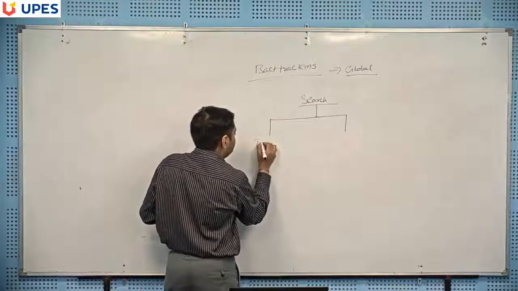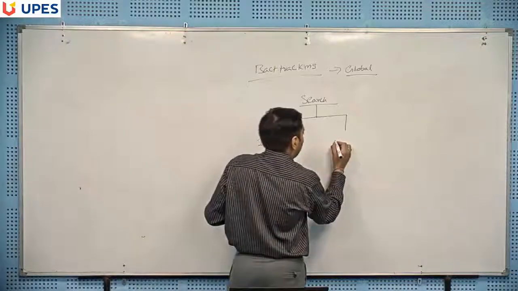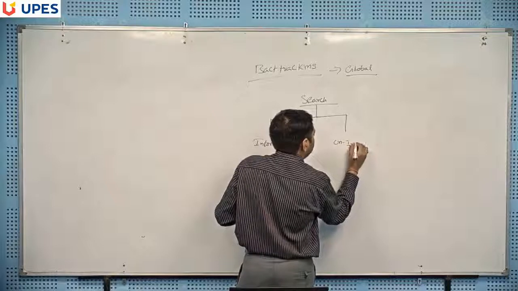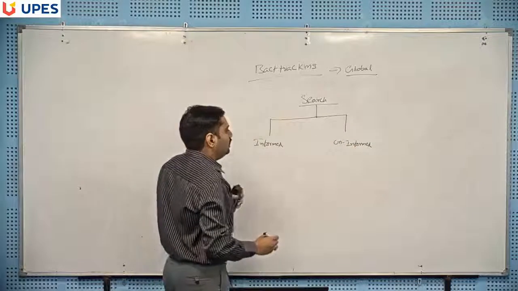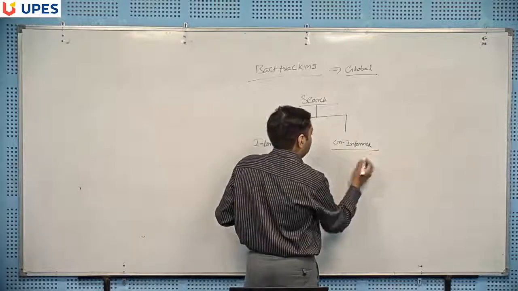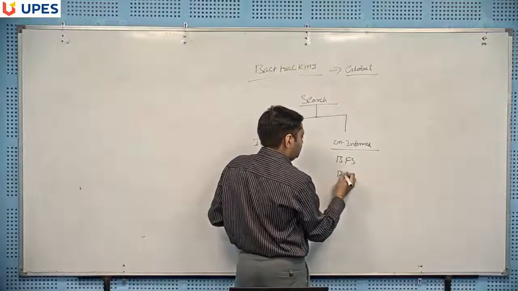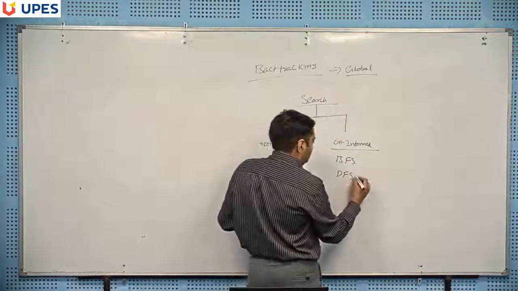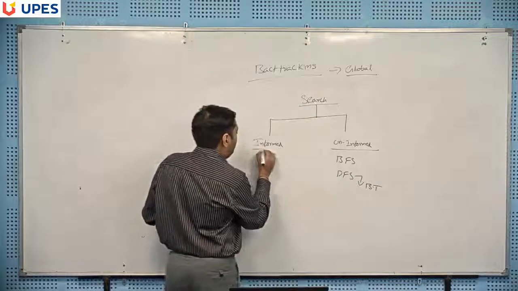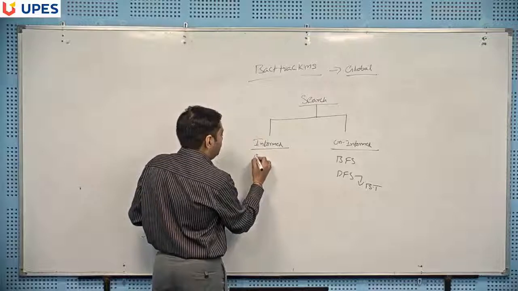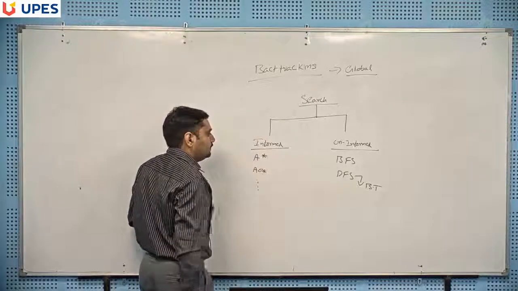One is informed search, the other one is uninformed search. Under uninformed search, we have BFS, DFS and backtracking as well. Under the informed search category, we have the A star algorithm, AO star, etc.